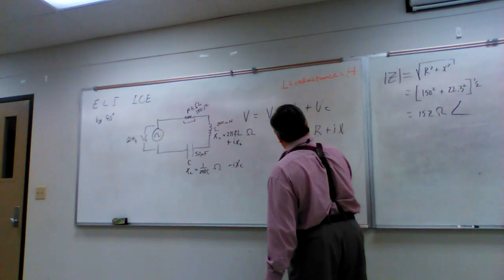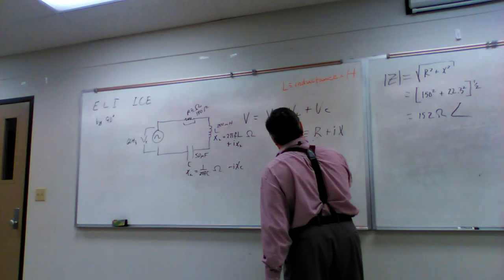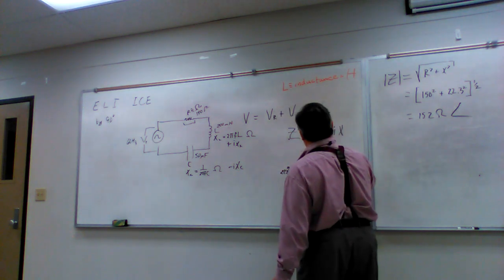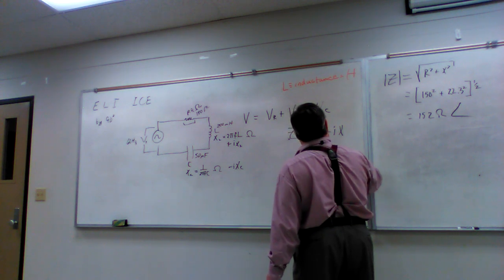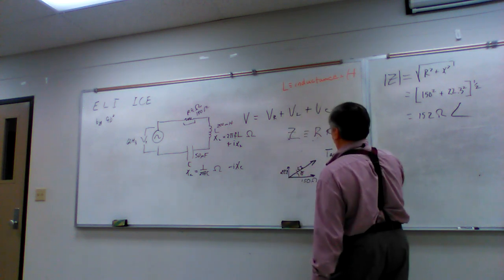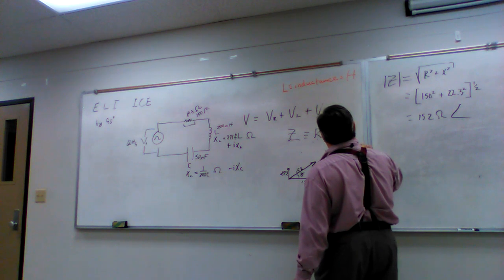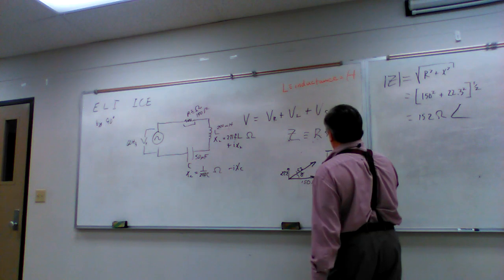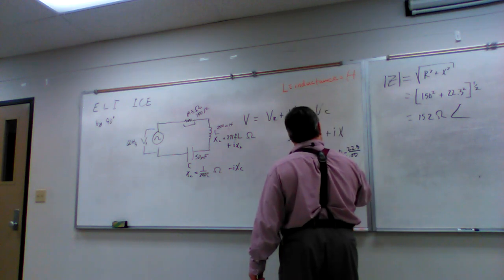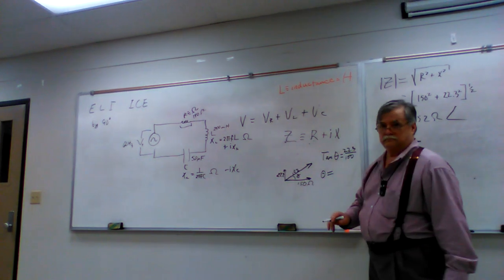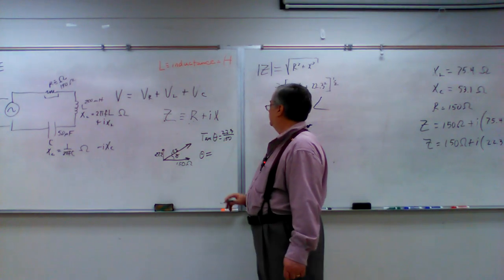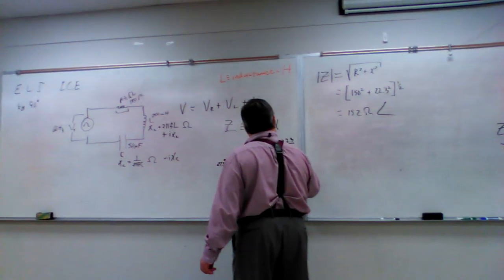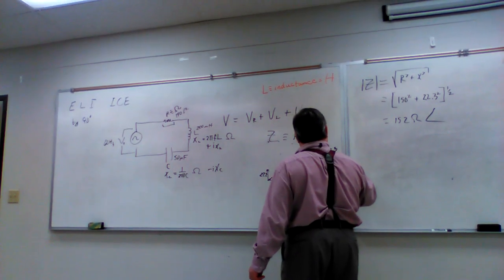That means our net vector is 152 at theta, where we know the tangent of theta is equal to 22.3 divided by 150. And if we take the inverse tangent of both sides, we get theta equals the inverse tangent of 22.3 over 150, 8.47 degrees.